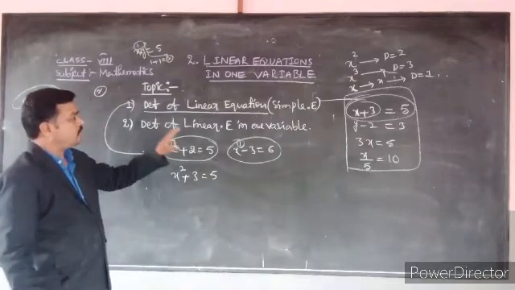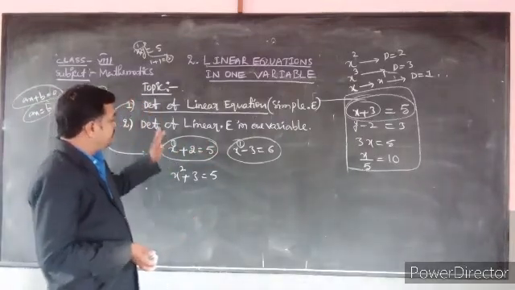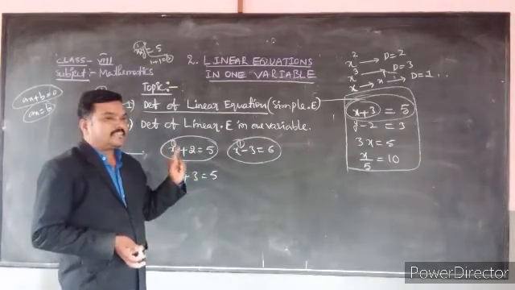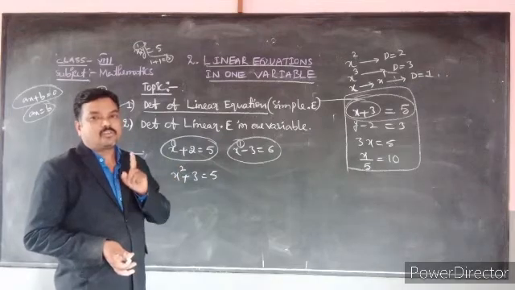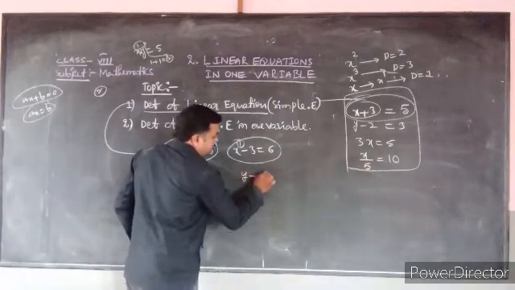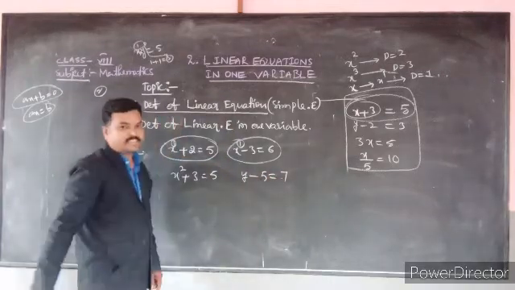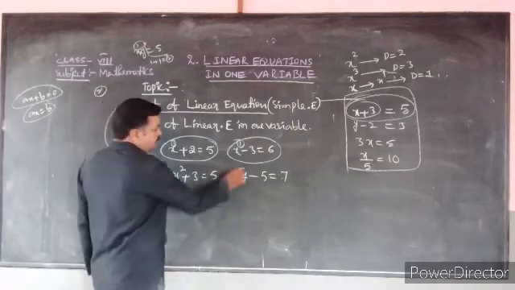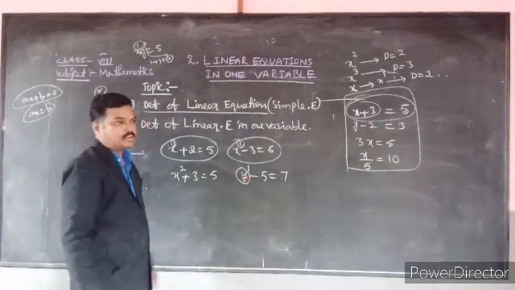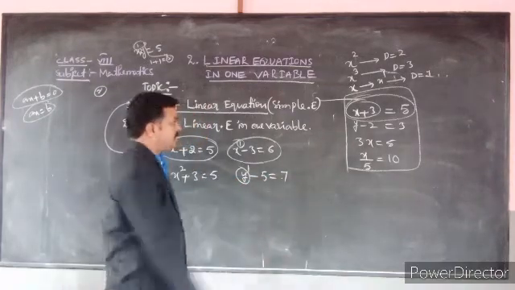So when we identify a linear equation in one variable, we have to observe that the highest degree is 1 and the equation contains only one variable. y minus 5 is equal to 7. This is also a linear equation in one variable. y is the only variable, the highest degree is 1. This is also an example of a linear equation in one variable.